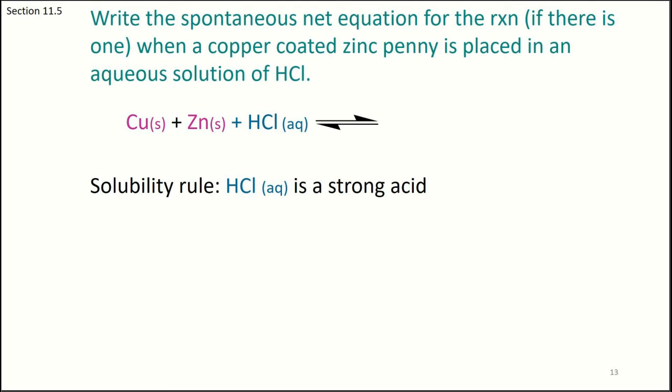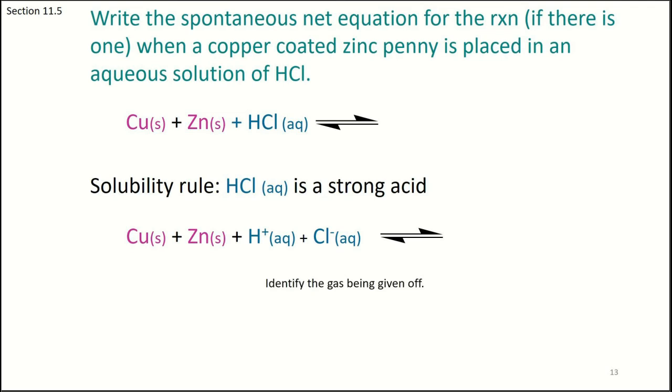Again, we first want to look at our solubility rules. HCl is listed as a strong acid, so it will form ions when placed into water. So what we really have present is copper solid, zinc solid, aqueous hydrogen ion, and aqueous chloride ion. So these 4 components are present in this example.